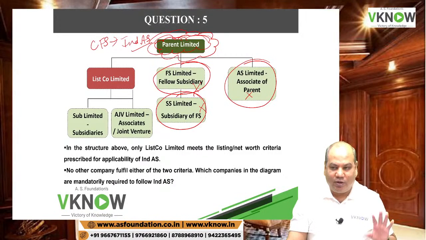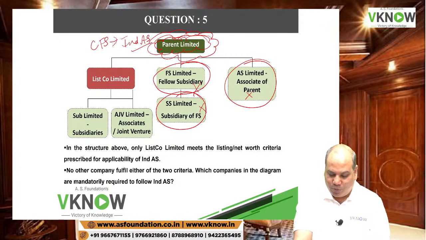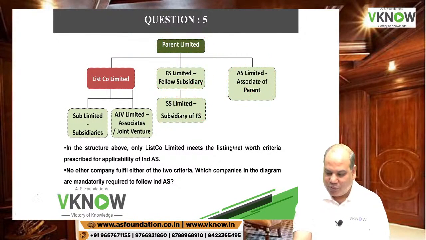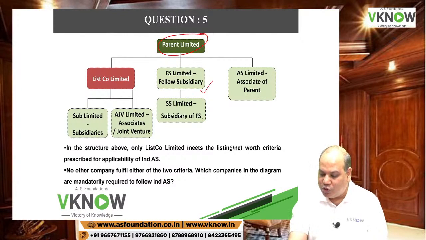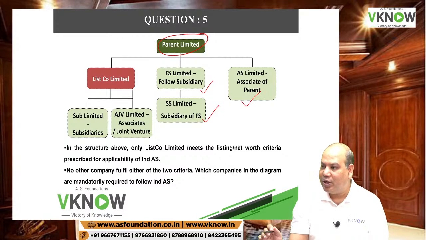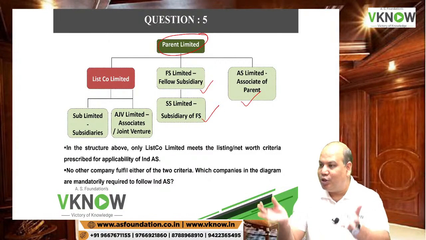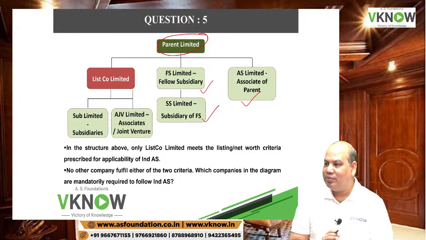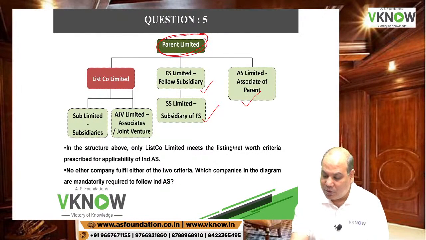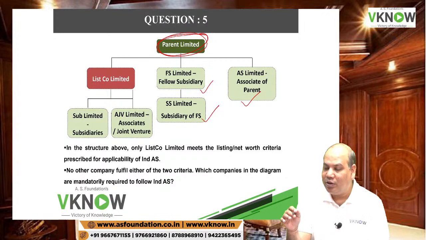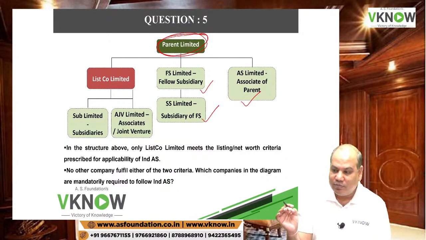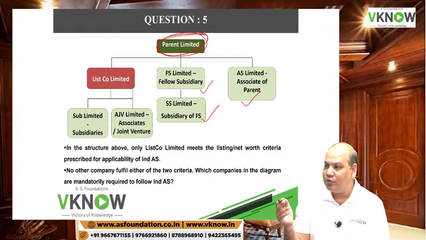Now what is better? Tell me. As a group CFO, suppose you are the group CFO of parent, although they have a choice, these three entities have a choice not to follow Ind AS and continue to follow accounting standards. But for consolidation purpose, you have to prepare Ind AS based data. What will you do as a group CFO?